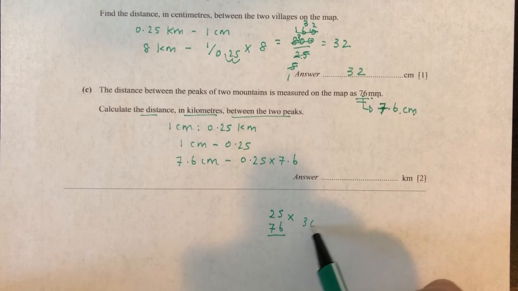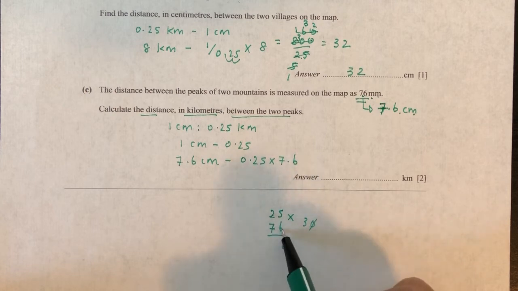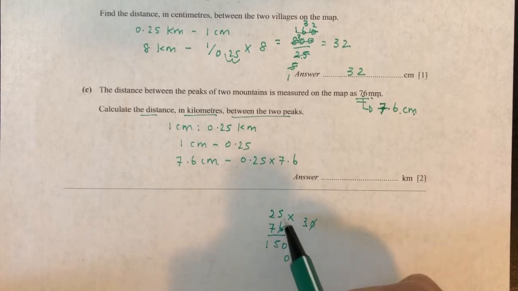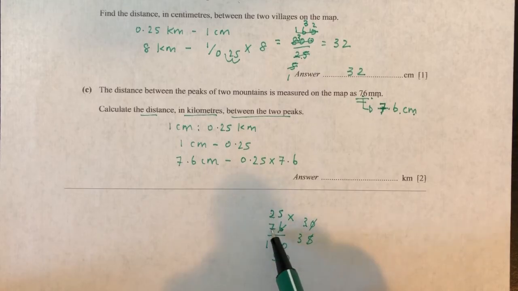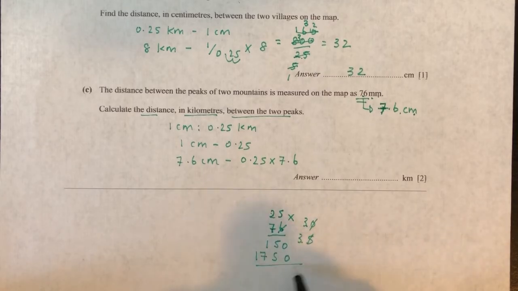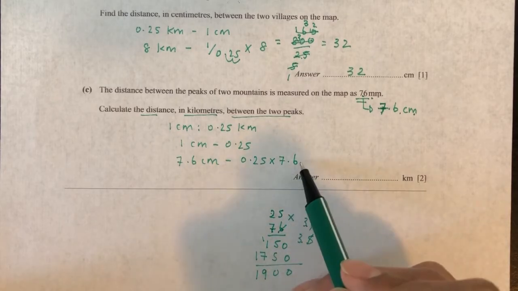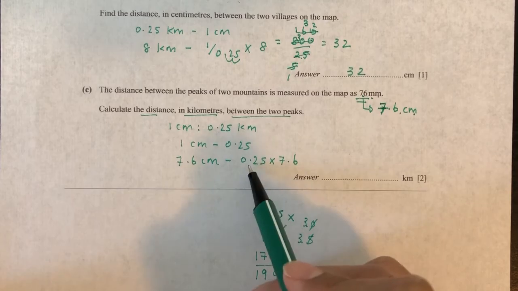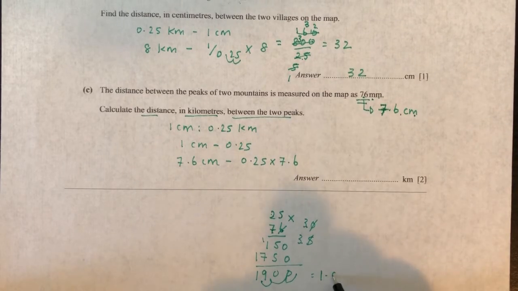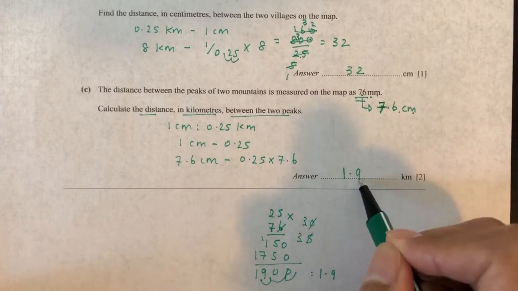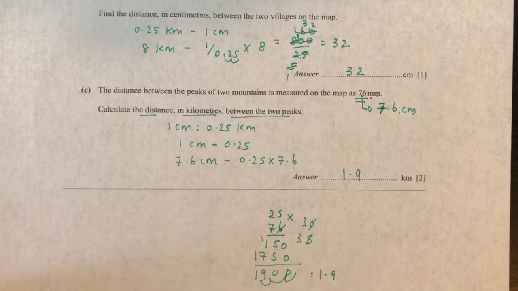So 5 times 6 is 30. 2 times 6 is 12. 12 plus 3 will be 15. 0. 5 times 7 is 35. 2 times 7 is 14. Plus 3 is 17. That will be 0, 0, 1. That will be 9, 1. So here we have 1 decimal place, and here we have 2 decimal places. So in total we have 3 decimal places. So we have to count 1, 2, 3. So that will be 1.9. So your answer will be 1.9 kilometers.